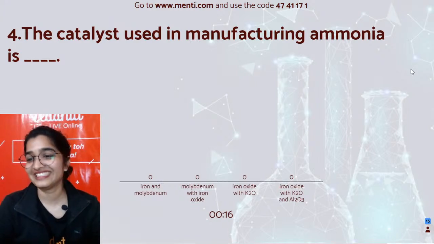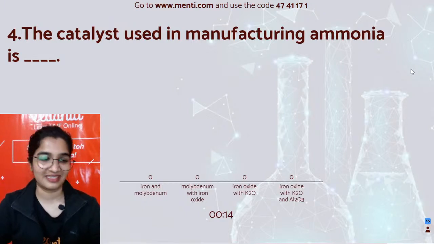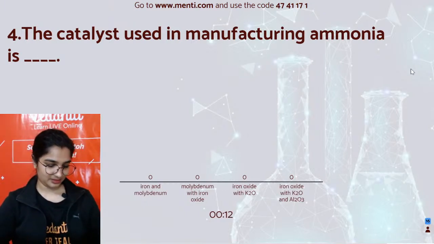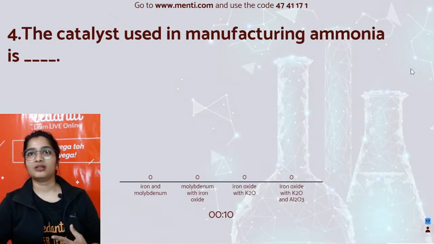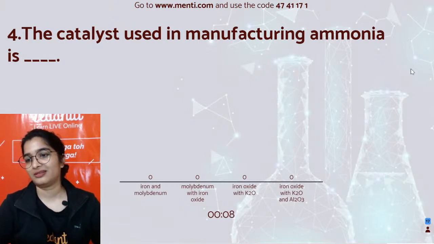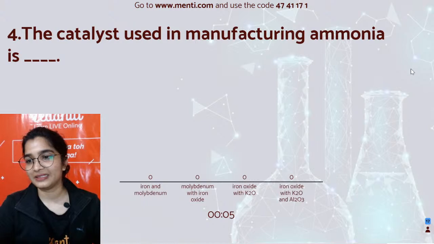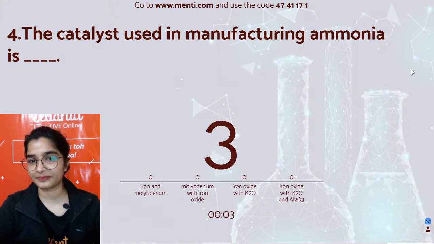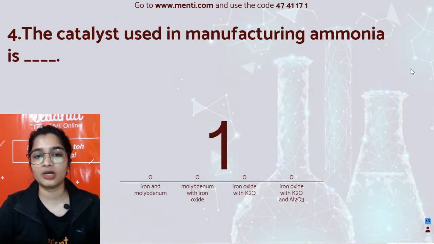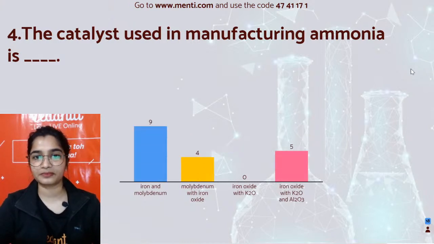So it is basically, you know, leaves, they prepare their own food using carbon dioxide, water and chlorophyll. 3, 2, 1 and time's up.